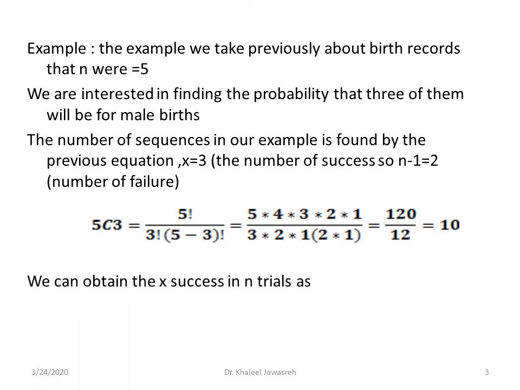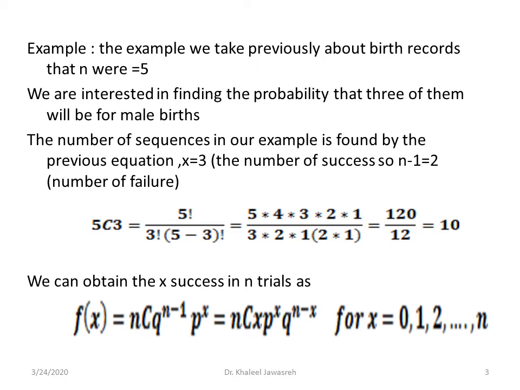Now we can obtain x successes in n trials. We return to this equation and need to find x. So we can obtain x successes in n trials as f(x), which equals n combination x multiplied by q to the power of n minus x times p to the power of x.